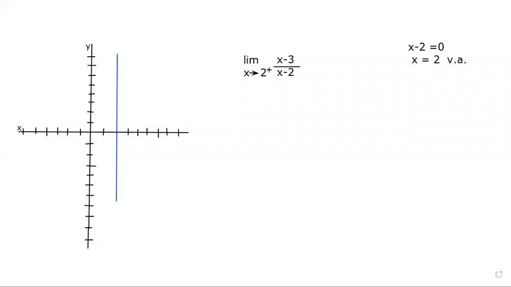Now, if we remember, we can never cross this vertical asymptote. We'll know that we've done something wrong if we cross it. I'm also going to make it a little bit longer here.